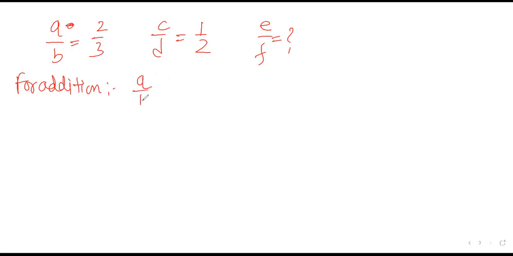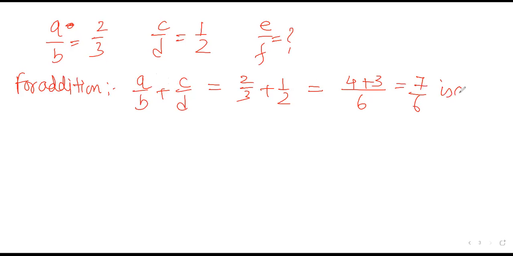So a upon b plus c upon d: 2 upon 3 plus 1 upon 2. If you simplify, the LCM will be 6. So 3 twos are 6, 2 twos are 4, plus 2 threes are 6, and 3 ones are 3. That is 7 upon 6, which is also a rational number.